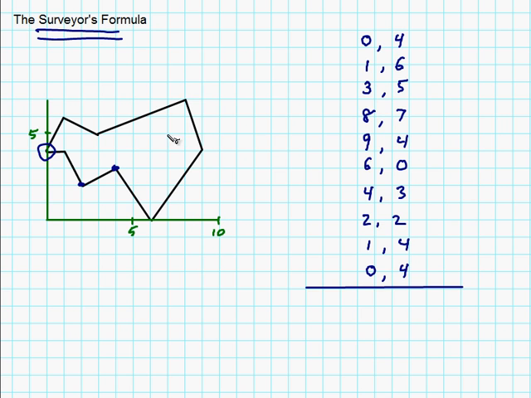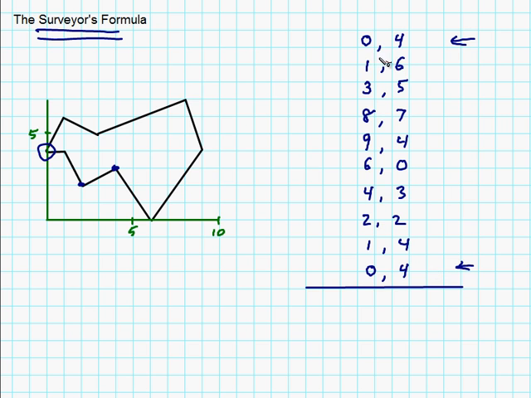So it's 8, 7, 9, 4, and so forth, all the way around. And importantly, the first is also the last. So if I start at 0, 4, I have to end at 0, 4 because I have to get a complete closed loop, so these duplicate. Okay, that's step 1. Just list them.